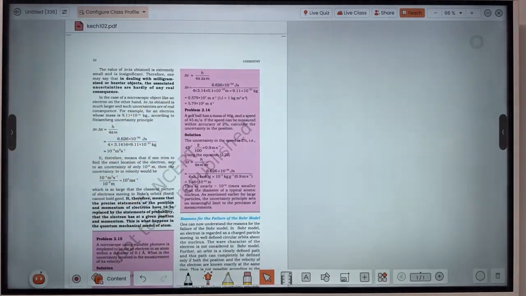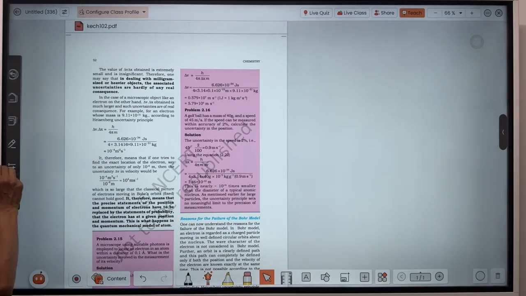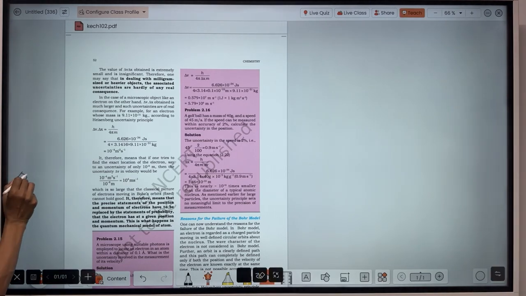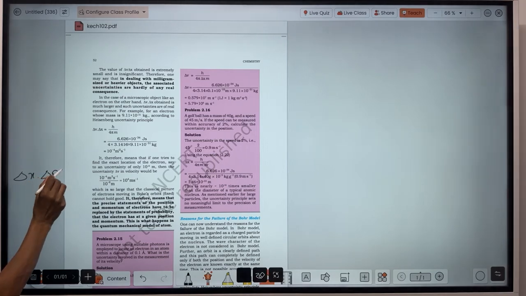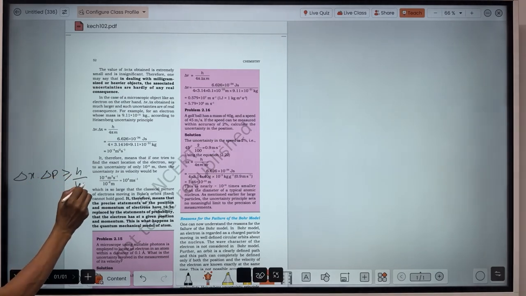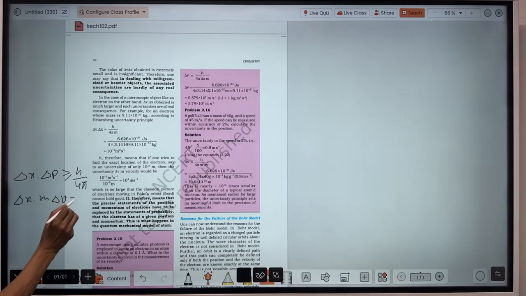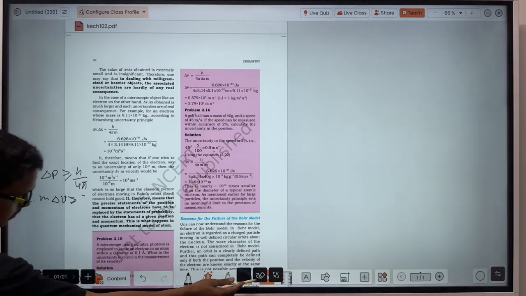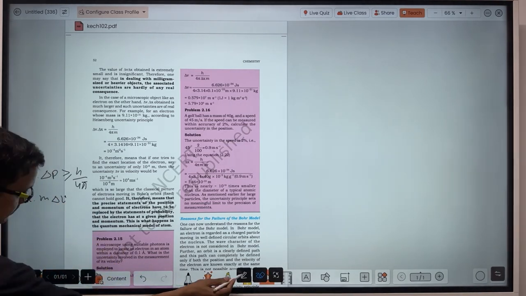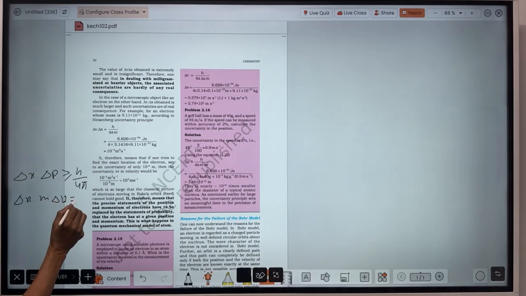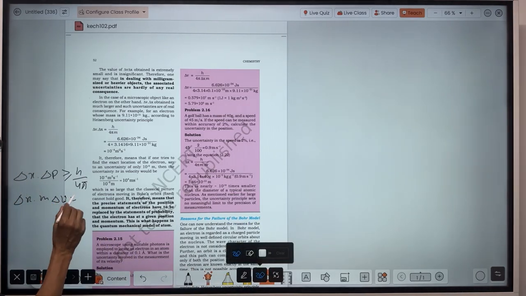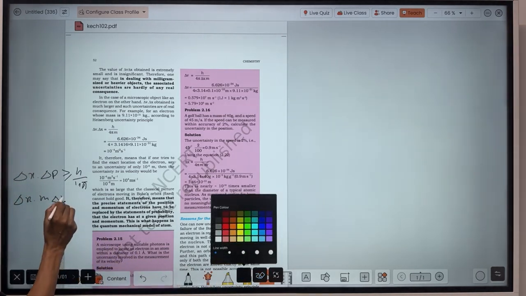So delta v: as you know, delta x into delta p will be greater than or equal to h upon 4 pi.